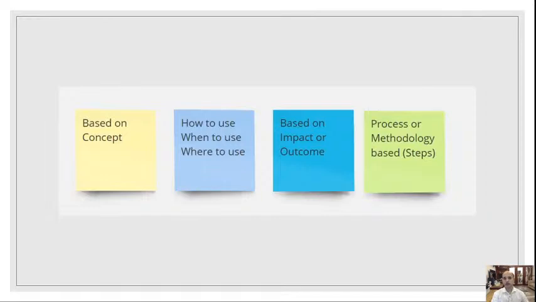You will find very few questions directly based on the concept. Indirectly they can ask about the concept, but you will find very few, or not even a single question, based on the concept itself. But once you know that concept, only then can you decide when to use, where to use, and how to use it, right?